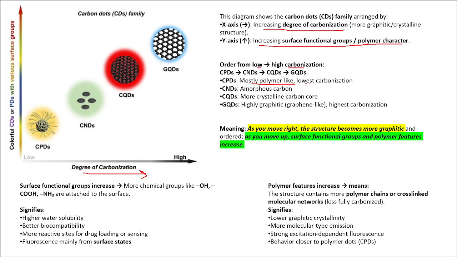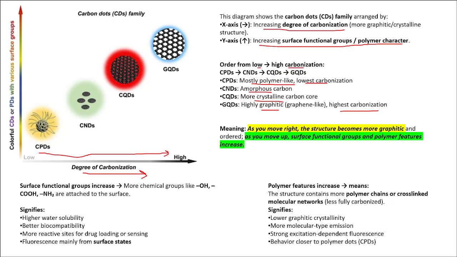Mostly polymer-like with lowest carbonization, amorphous carbon, to more crystalline carbon core, highly graphitic, high carbonization. So as we move from CPD to CND to CQD or GQD, the structure becomes more graphitic and ordered, as I have shown in the previous slide as well, and the degree of carbonization increases.